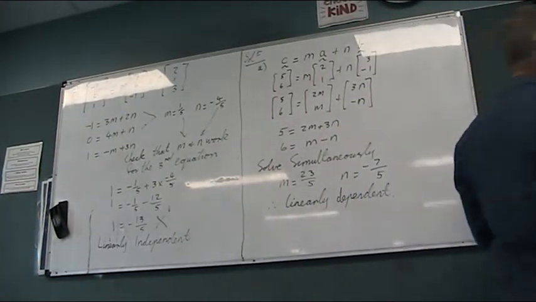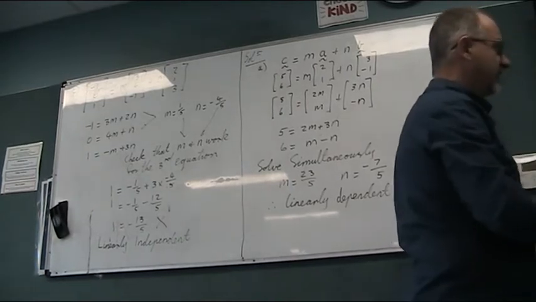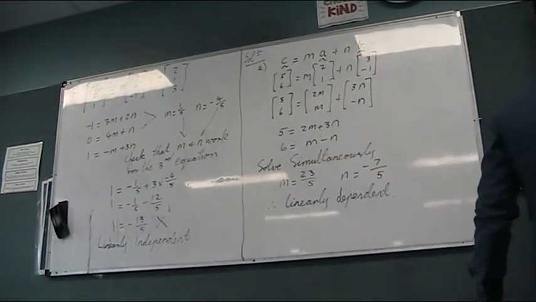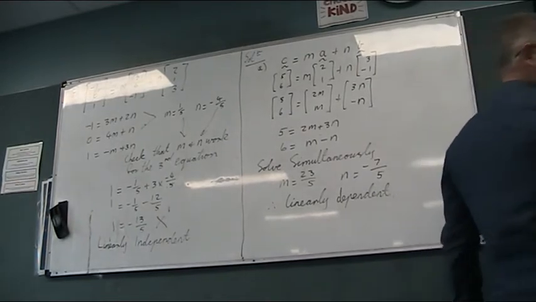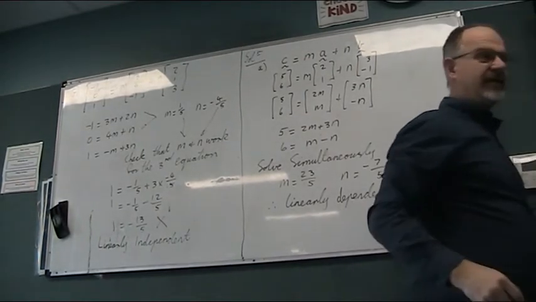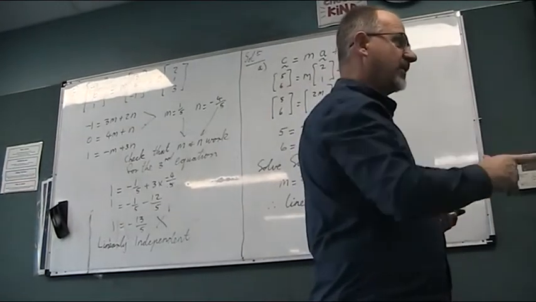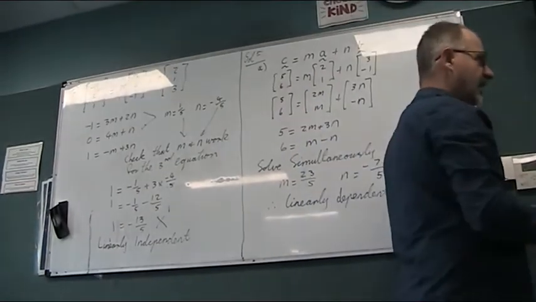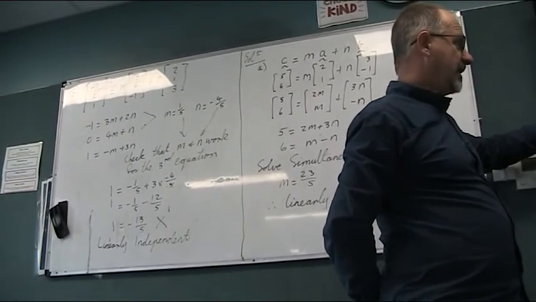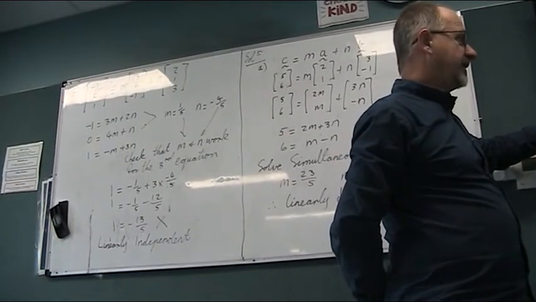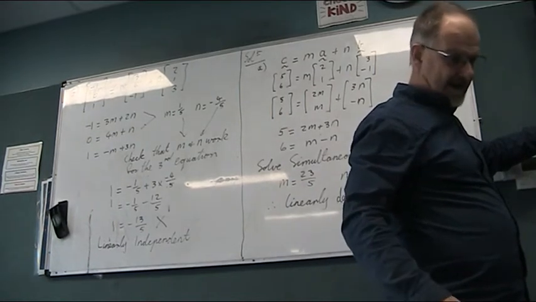So if we've got something that's pointing in the x direction, we use i to indicate that. For the y direction we use j, and for the z direction we use k.